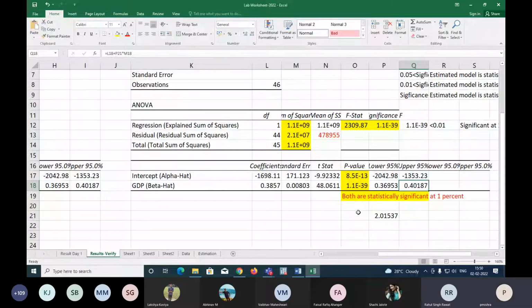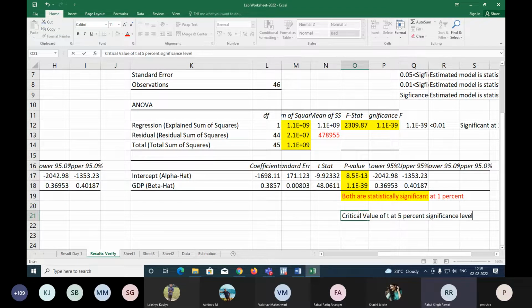So basically this is the critical value of T at 5% significance level.